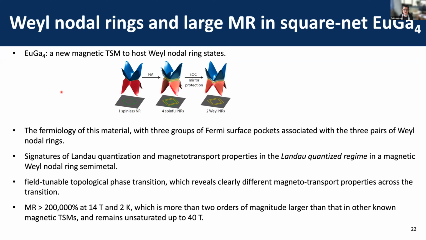And our experiments and calculations have not only explained the fermiology of this material, but identified 3 groups of Fermi surface pockets that are associated with the 3 different sets of nodal rings observed in this compound. And there's a signature of Landau quantization and magnetotransport properties reaching the Landau quantized regime in this binodal ring semi-metal.